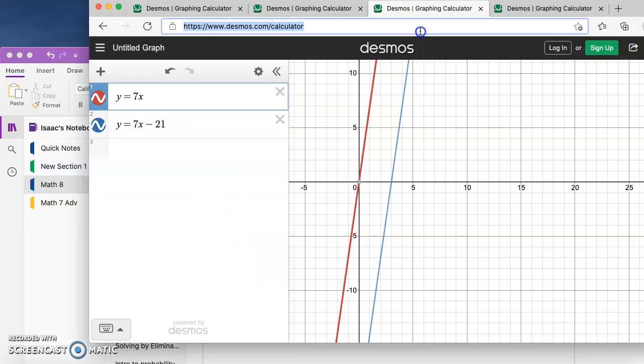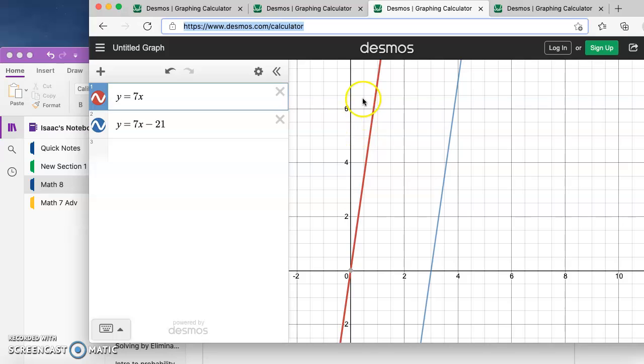Now, if I'm going from a graph, it's a little bit harder, but you can tell if they have the same slope, which I can find by counting how many squares my lines go up and how many across between 2 points.